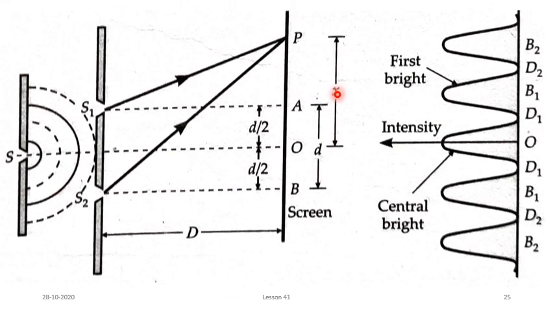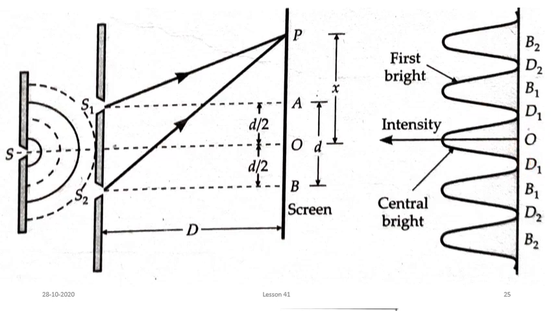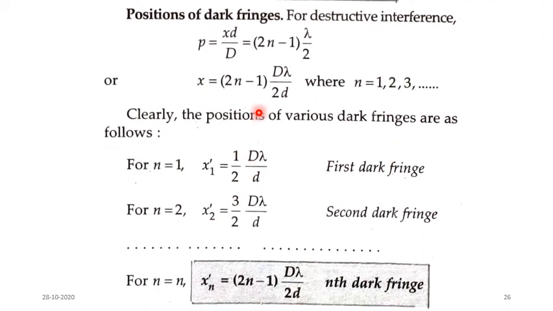So when x equals half of D lambda by d, at that place you will obtain your first dark fringe. Similarly, substitute the value of 2 here. 2 twos are 4, 4 minus 1 is 3, so 3 by 2 D lambda by d. In that case, you will obtain your second dark fringe.